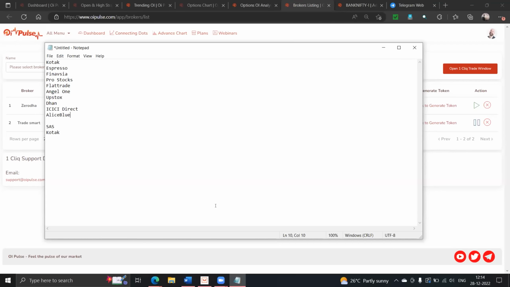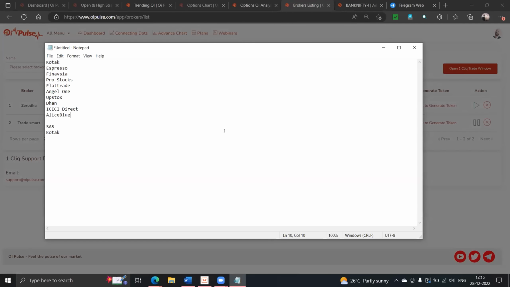Guys, Shunya is nothing but the Finvasia that is in the pipeline. TradeSmart doesn't charge anything for the API. For people looking for TradeSmart, we have given you the link in our Telegram channel, because I have been associated with them for almost nine years.